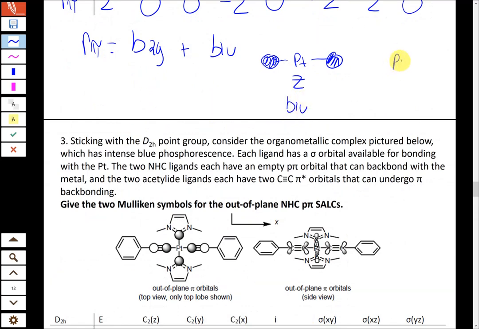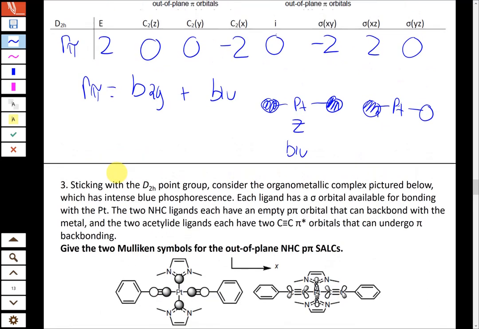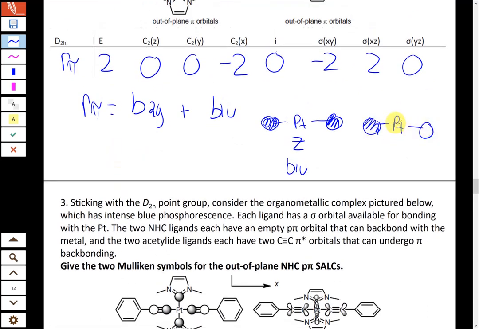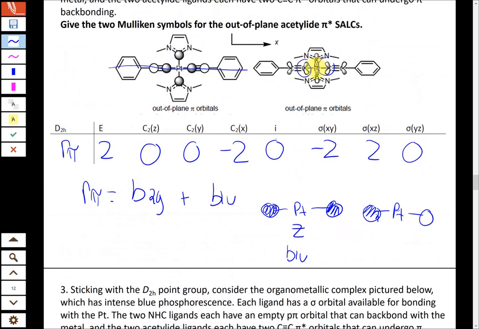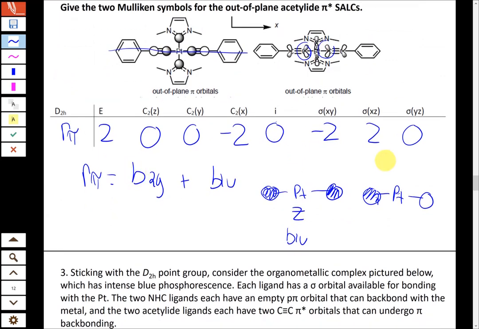And then if we do the out of phase one, it's a little bit harder to visualize because it's perpendicular to the page, but our dxz orbital, because it would have orbital density in the z direction and the x direction, would be lined up with that. That would be a little bit easier to draw from the side. So if we draw it from the side, this is x, this is now z.